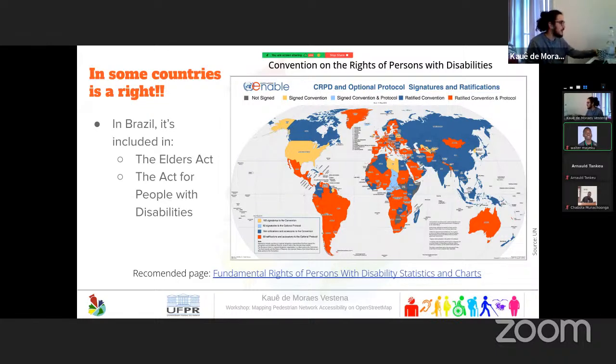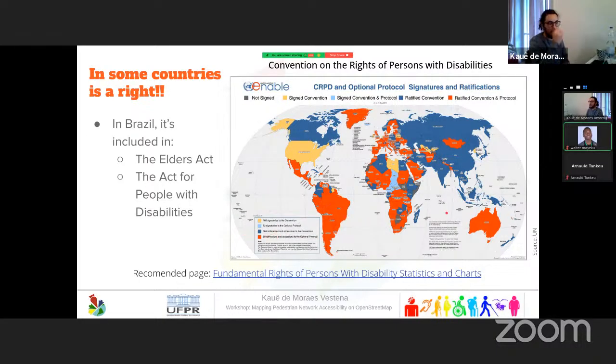I wasn't able to find a map saying where it's enforced or not, but there's this map of the United Nations showing whether countries have joined the protocol for the Convention on the Rights of Persons with Disabilities.